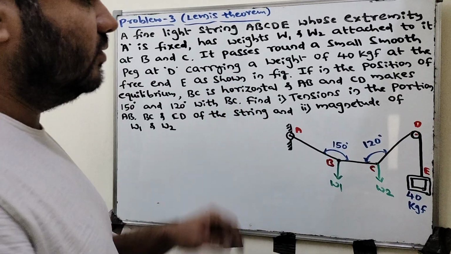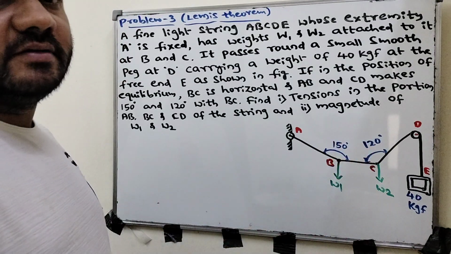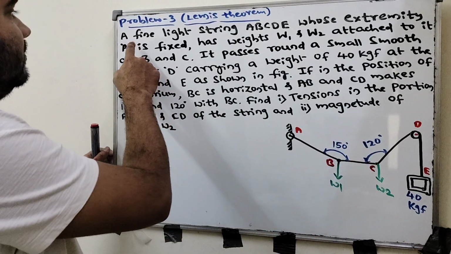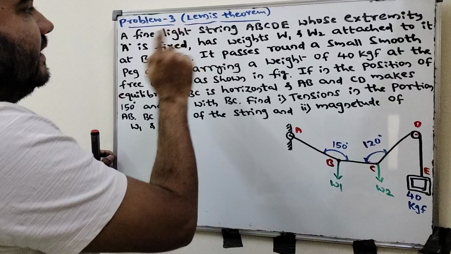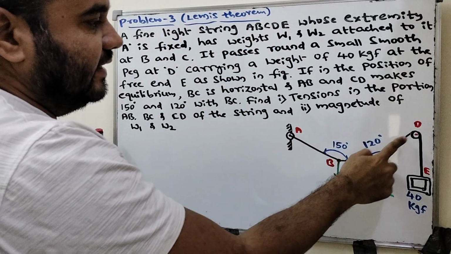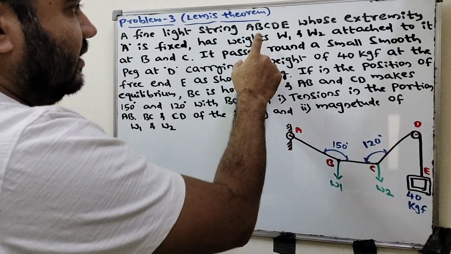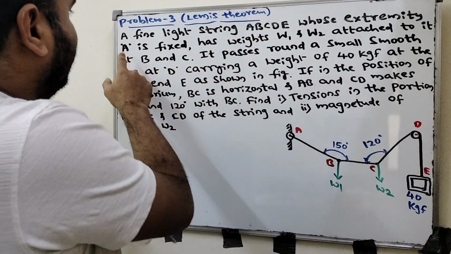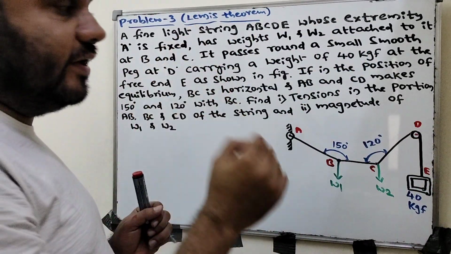First we'll read the problem. Also, the figure is given here. If a finite string A B C D E, this is A B C D E, one string is there, whose extremity A is fixed. Its point is fixed here.